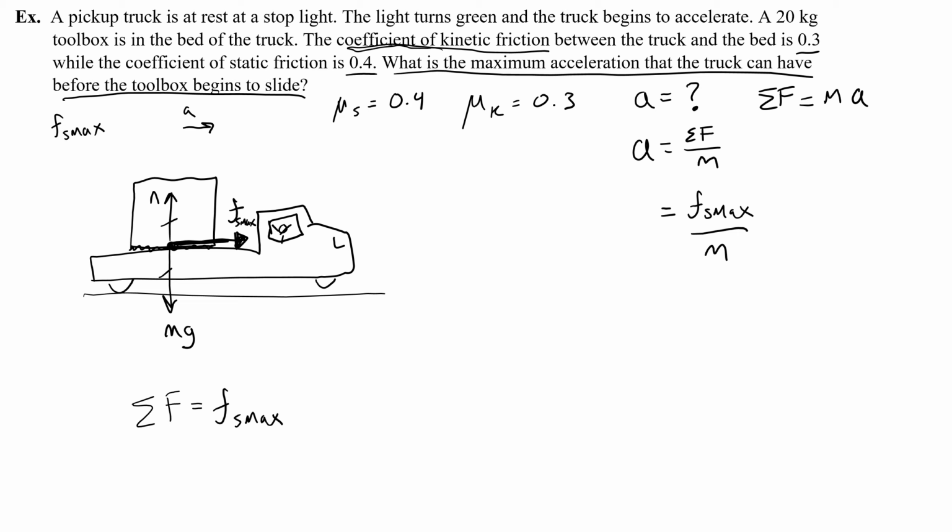It's F_s max, so I know that it's equal to mu_s, the static coefficient of friction, times the normal force. Now, in this problem, I know that the normal force is equal to mg, the weight. So really, the maximum static friction is equal to mu_s times mg.